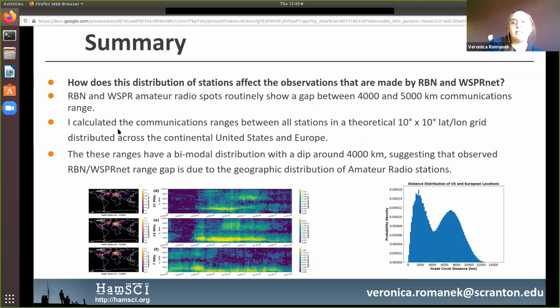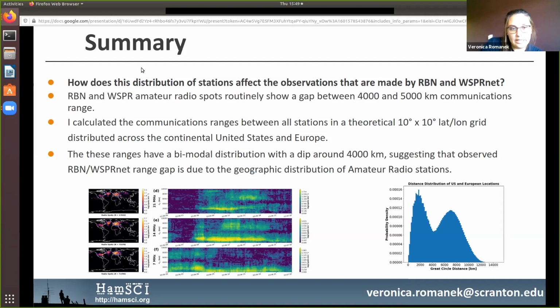But basically, a recap of what I did: I was addressing the question of how the distribution of stations affects the observations that are made by the RBN and WSPRnet, because the RBN and WSPRnet amateur radio spots routinely show a gap between 4,000 and 5,000 kilometers in communications range.